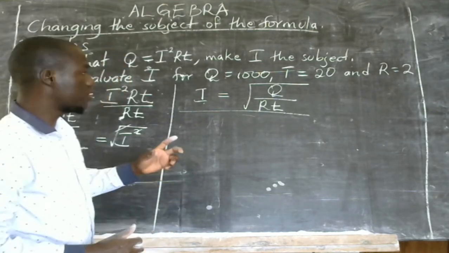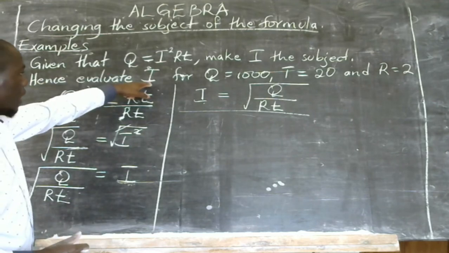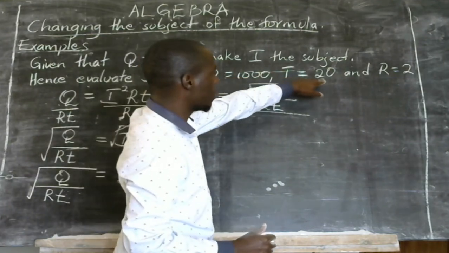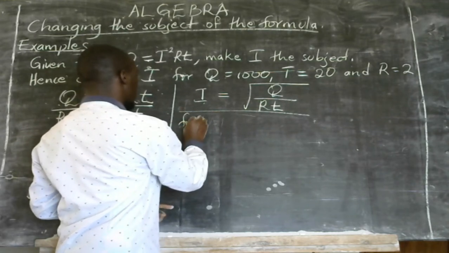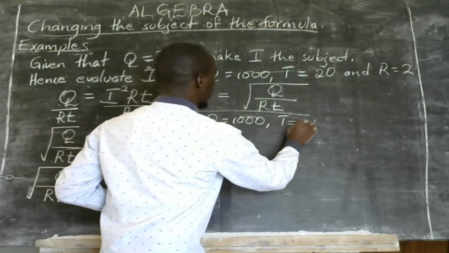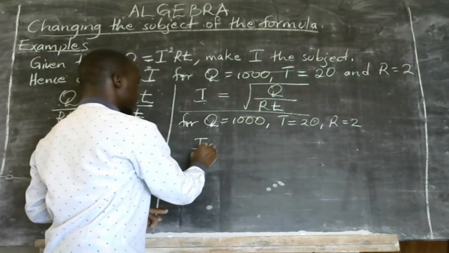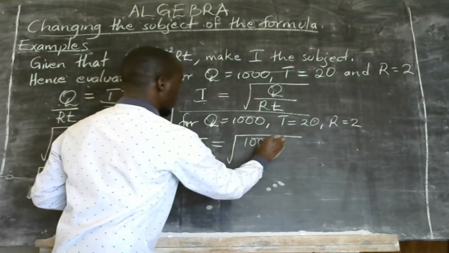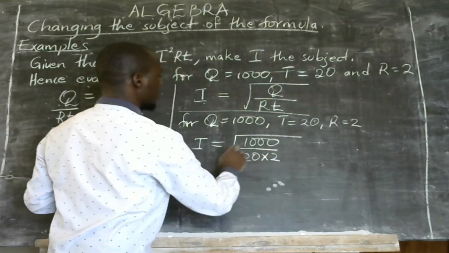Now, the second question, they're telling me to use what I've got there to evaluate I by substituting q as 1000, t as 20, then r as 2. So for q is equal to 1000, t is equal to 20, r is equal to 2, I is going to be equal to square root of 1000 divided by t, which is 20, times r, which is 2.